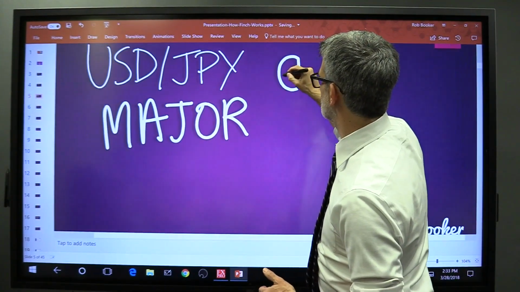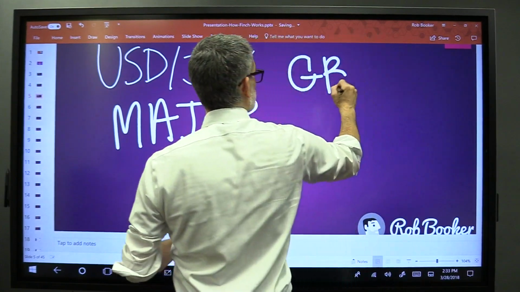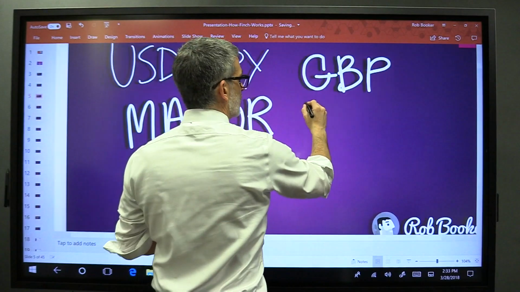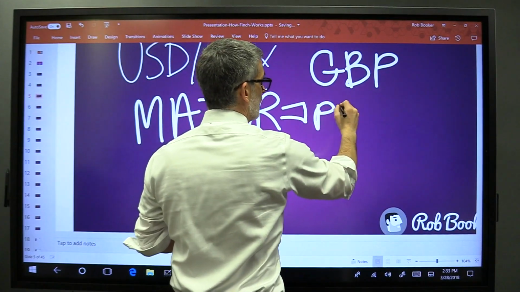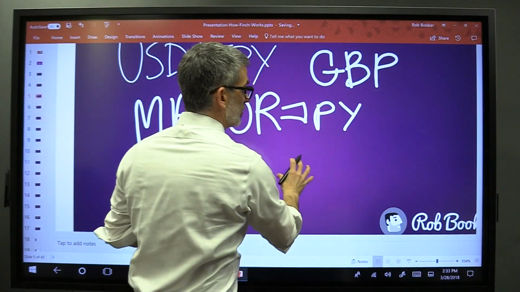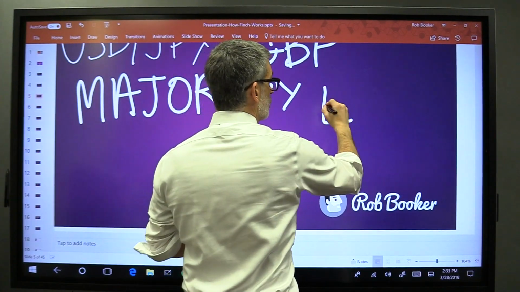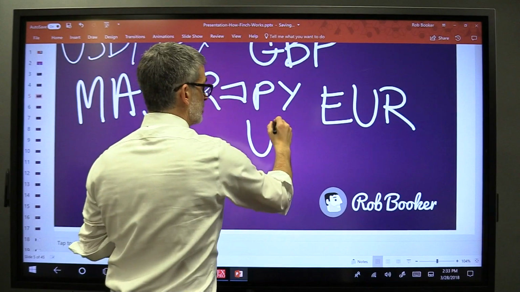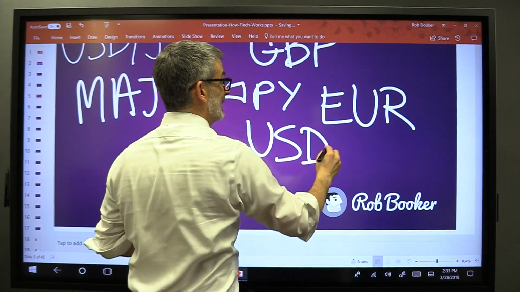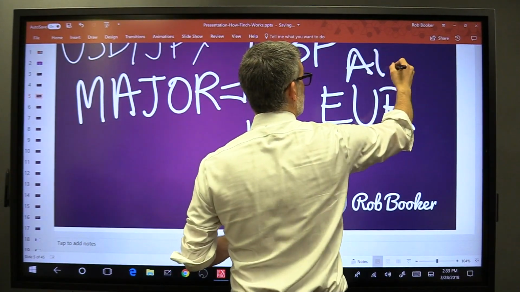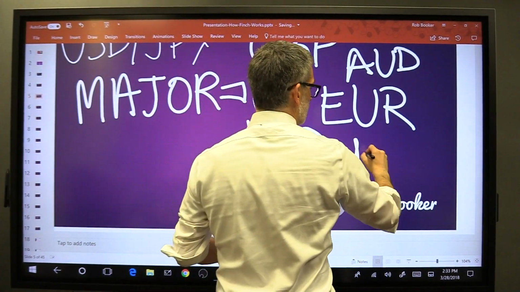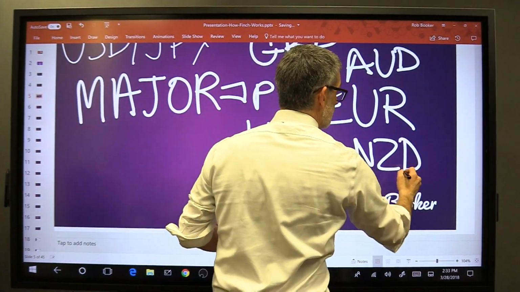Things like the British pound, which is GBP, the Japanese yen, JPY, or the euro, EUR, or the US dollar, USD, the Australian dollar, AUD. These are the majors. You could toss in there New Zealand, the Kiwi.